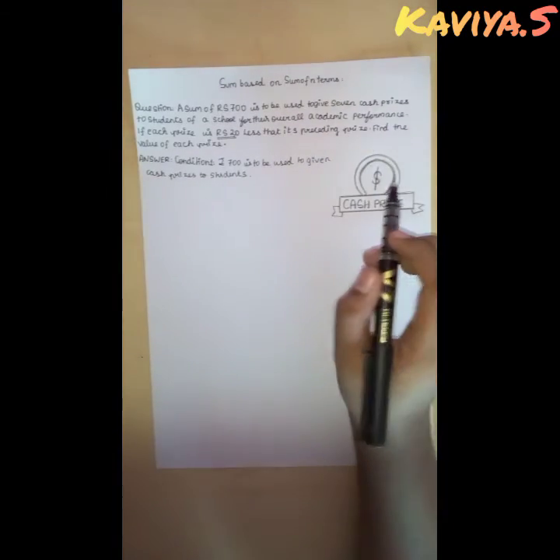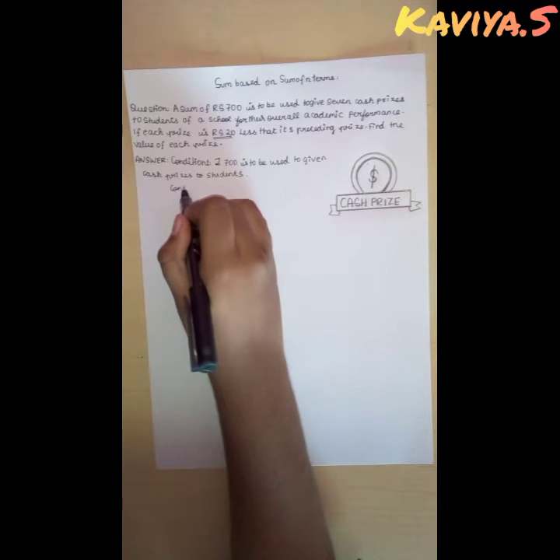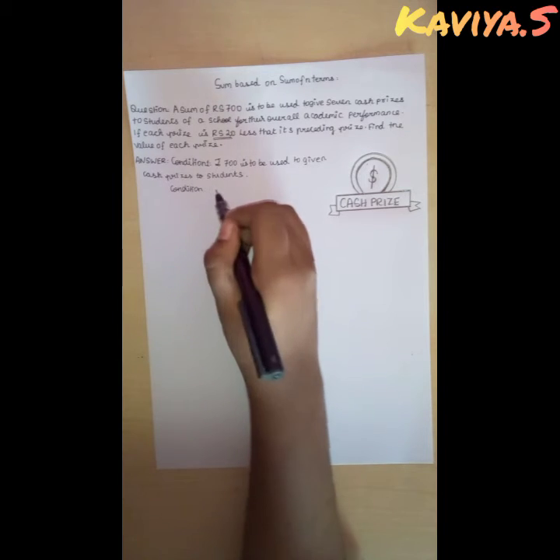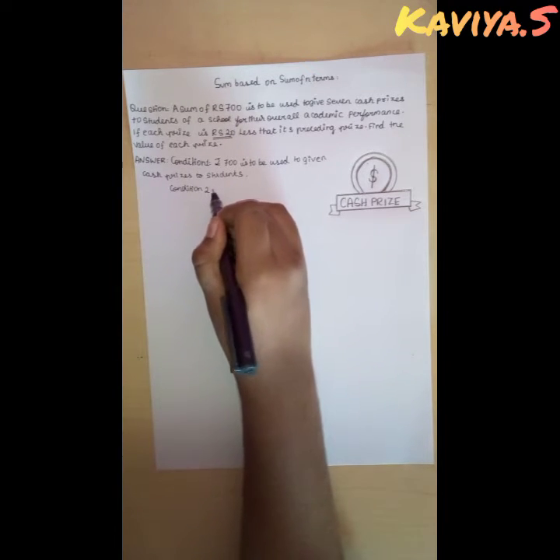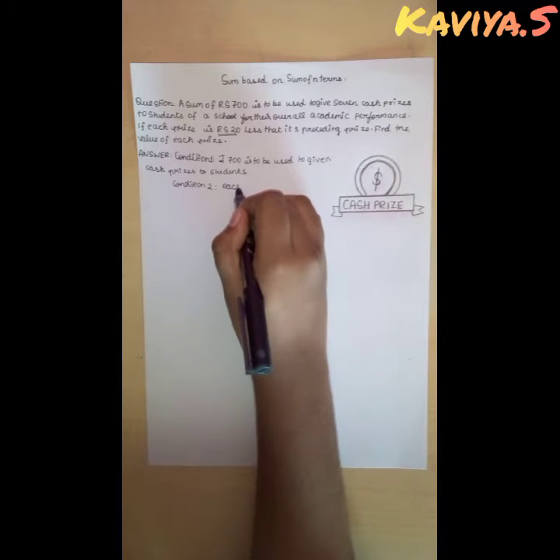The second condition is given. If each prize is rupees 20 less than its preceding prize, find the values of each prize. So the condition 2 we are writing is each prize is rupees 20 less than its preceding prize.